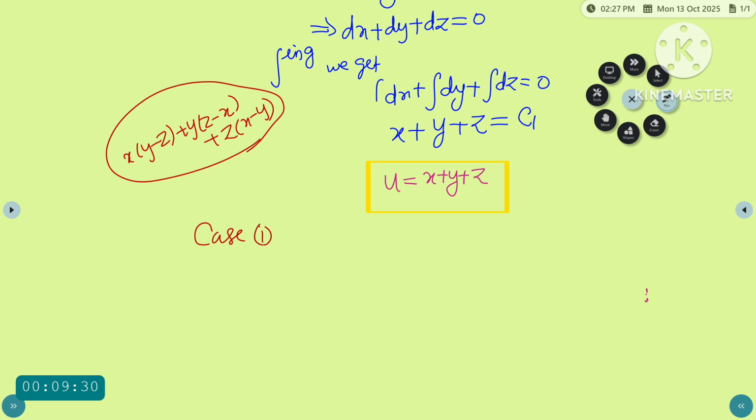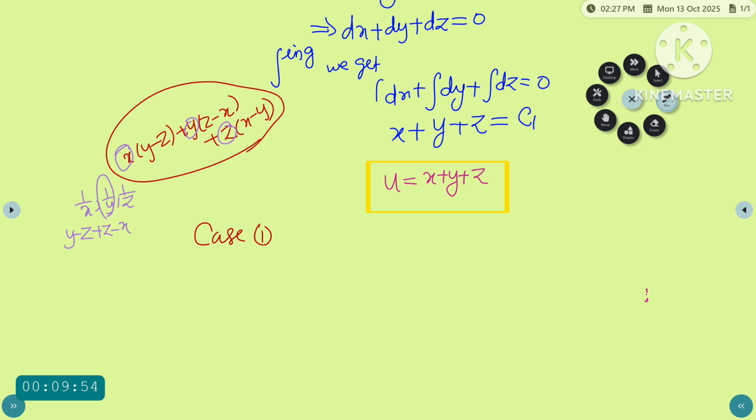Now, 1, 1, 1 multipliers are already chosen. Then how can we get other multipliers? What are the coefficients here? x, y, z. Suppose we cancel these coefficients by multiplying 1 by x, 1 by y, 1 by z term wise. Then the first term, 1 by x into x, gets cancelled. So the answer is y minus z. The second term multiplied by 1 by y will be z minus x.